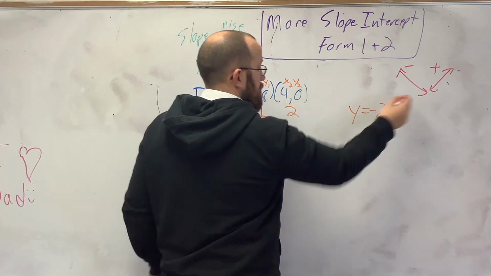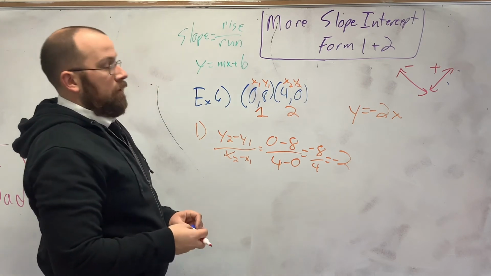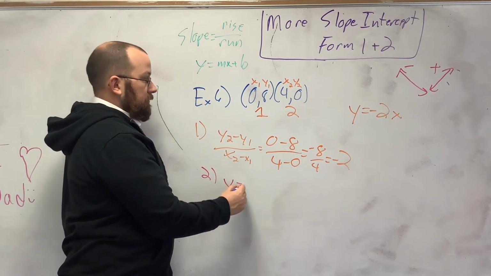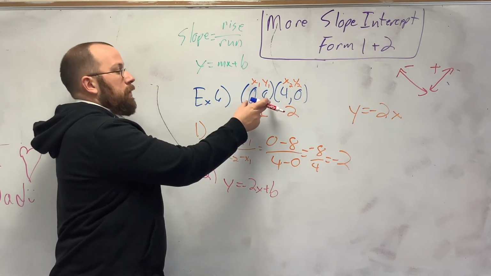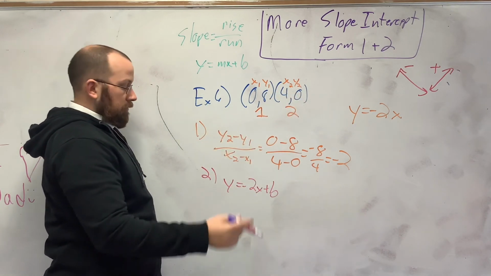So I can write it in. Negative 2x. All I need is my b now. How do I find my b? Well, you take what you know about your formula, which is just the slope. You pick either point, 0, 8 or 4, 0. I'm going to take 4, 0.